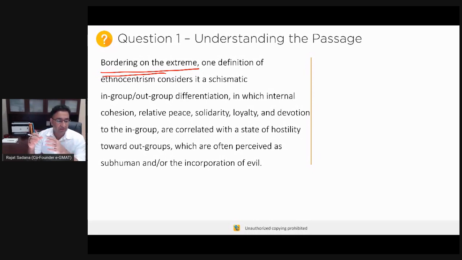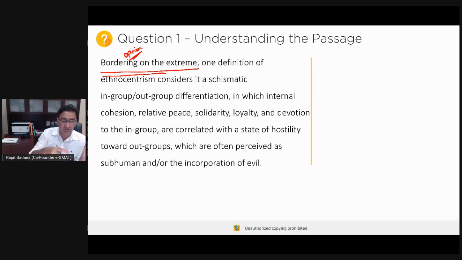One definition of ethnocentrism, let's call it EC, considers it a schismatic in-group out-group differentiation. So the author provides his opinion: there's an extreme definition, bordering on the extreme. It also tells us there's not just one view; there are many definitions of EC.